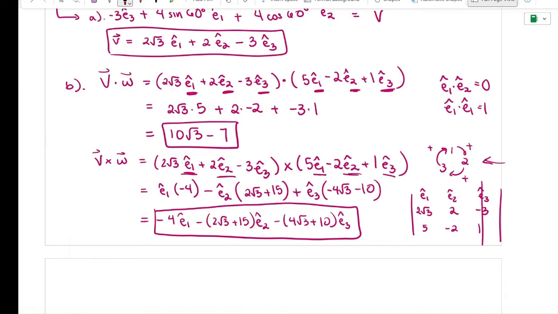Notice that an E1 cross E1 gives you a 0, because the definition of a cross product is the vector that is orthogonal to both of the initial vectors.